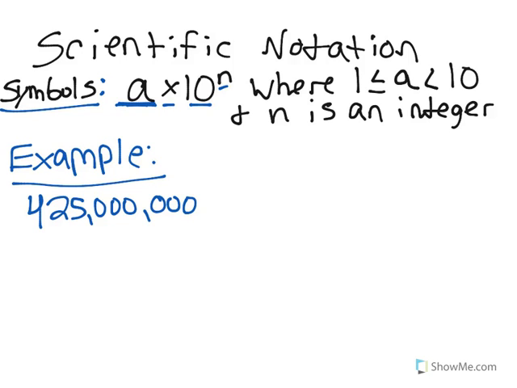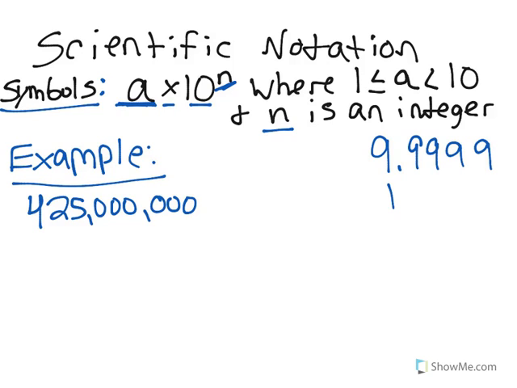It needs to be one digit, in other words, at least one digit in front of the decimal. So it could be 9.9999, or it can be 1. 1 is the smallest that it can be. So it must be something between 1 and essentially all the way up to 10. And then n, the exponent, is just going to be some integer. It can be positive, it can be negative, like the quick review I just showed you on the first screen.